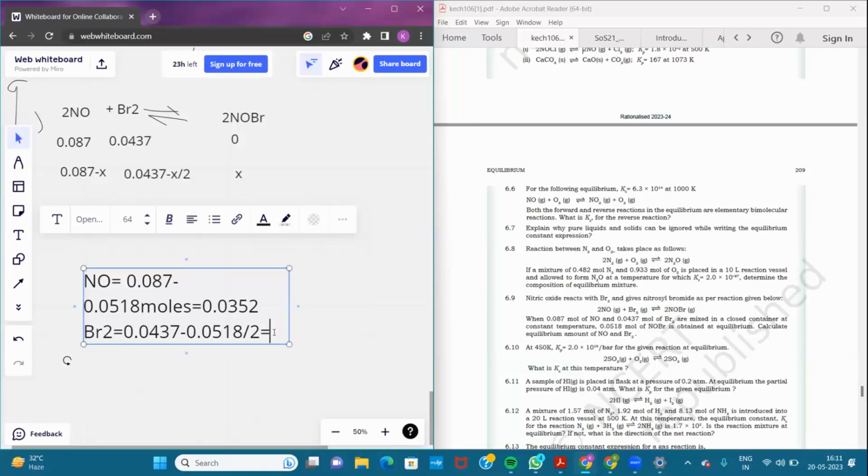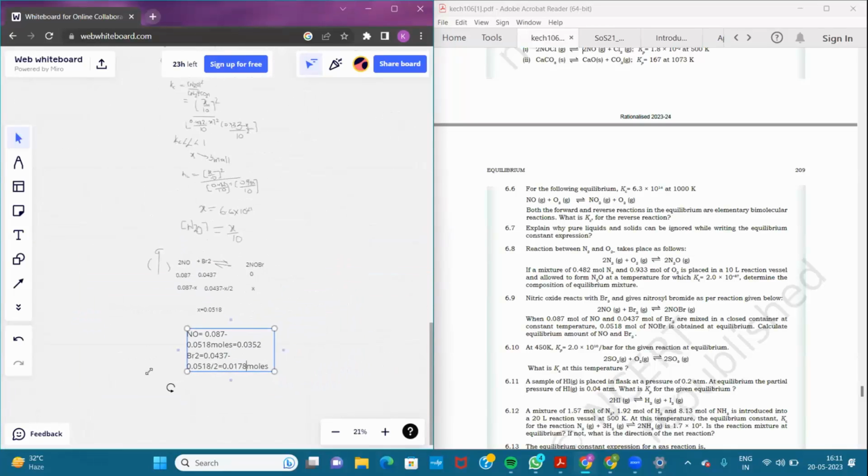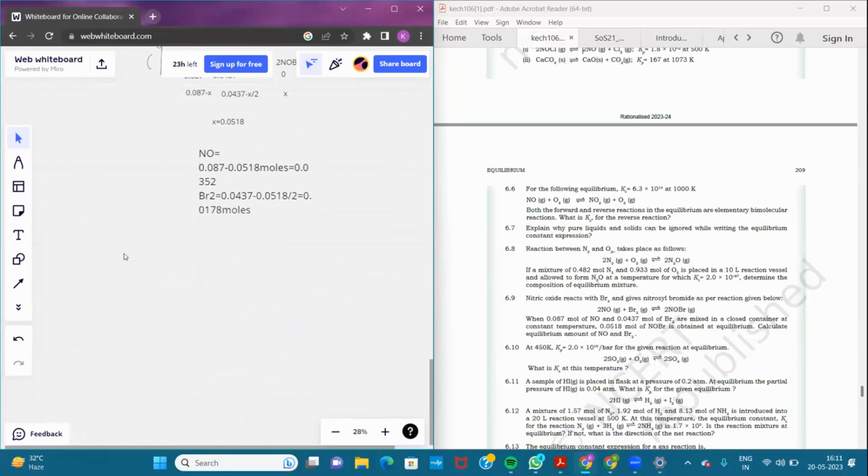This value is 0.0178 moles. So this is the answer for the ninth question. We'll just go with the next question.